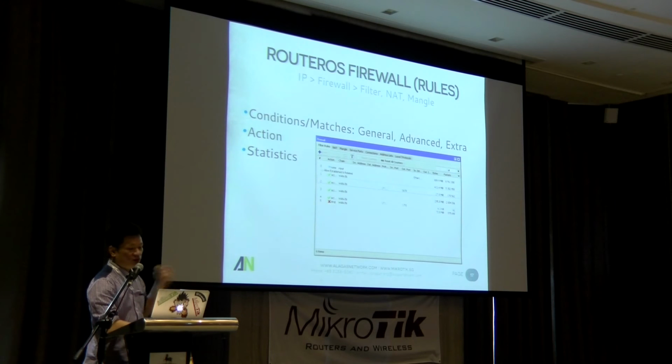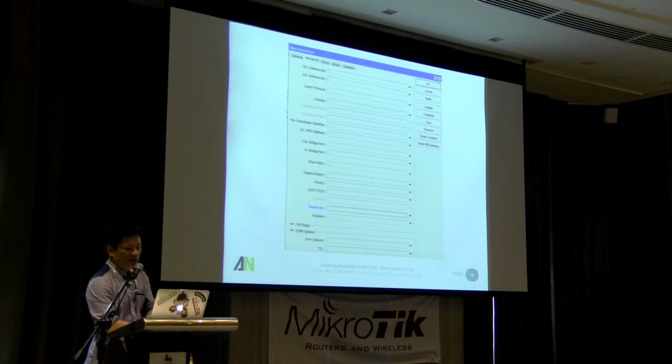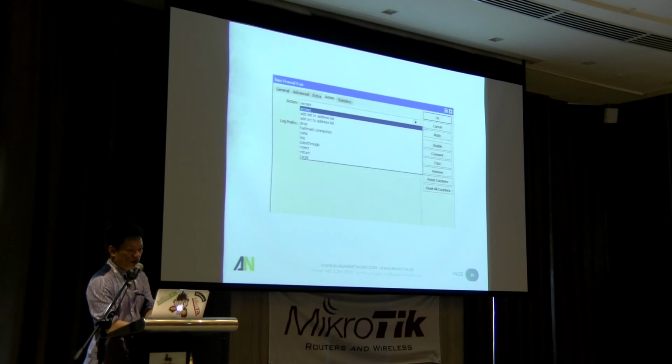So with the jump function in the action, you can actually tell the firewall, when you are coming from a certain condition, go to this group of chain. So actually you have 200 rules, but 100 are to monitor what your LAN users are using, which is incoming interface LAN, and the other 100 are to monitor your WAN interface.